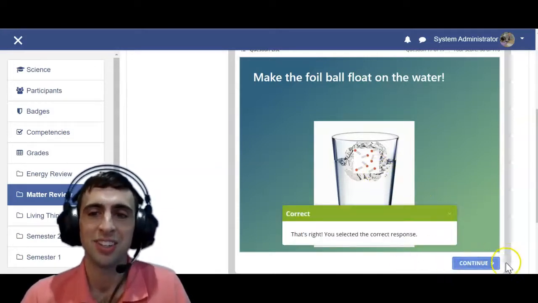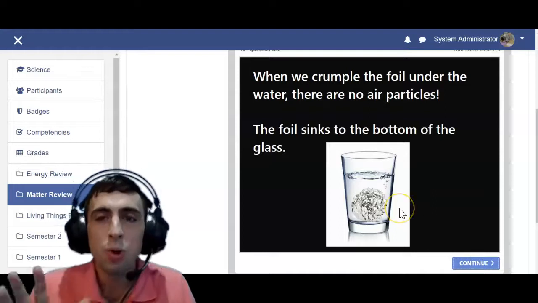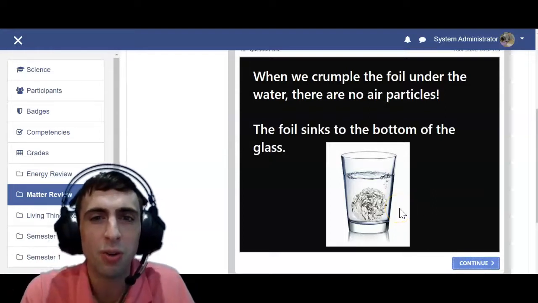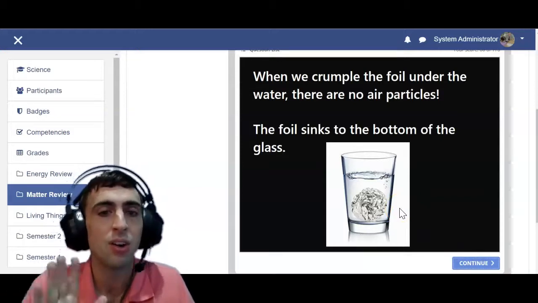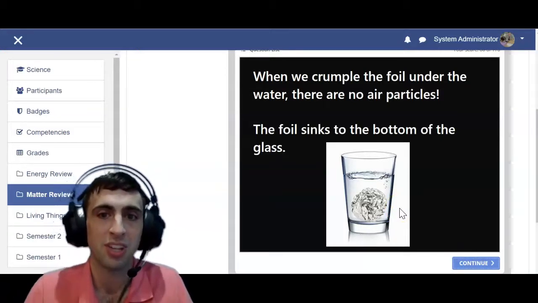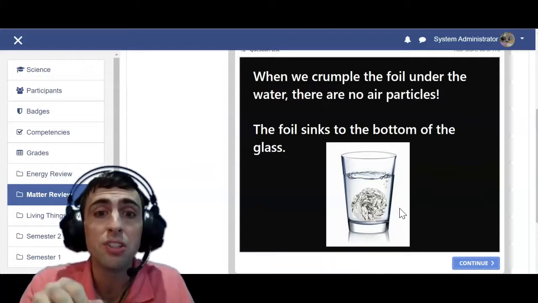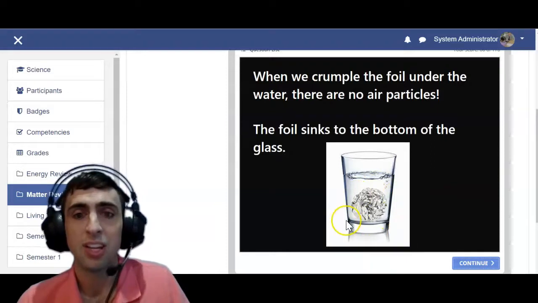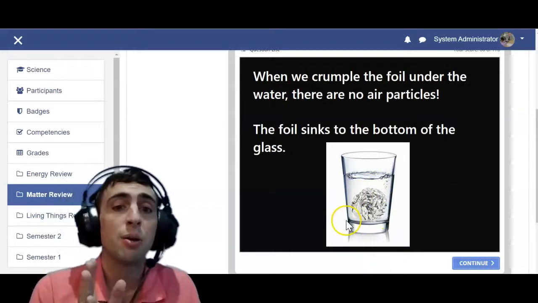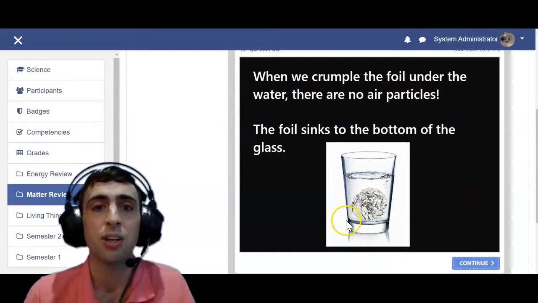Correct. Very good. When we crumple up the foil ball under the water, there are no air particles inside. The foil sinks to the bottom of the glass right here because it is more dense than water.